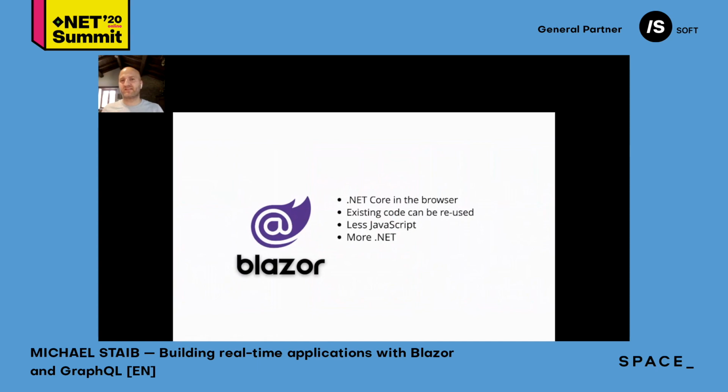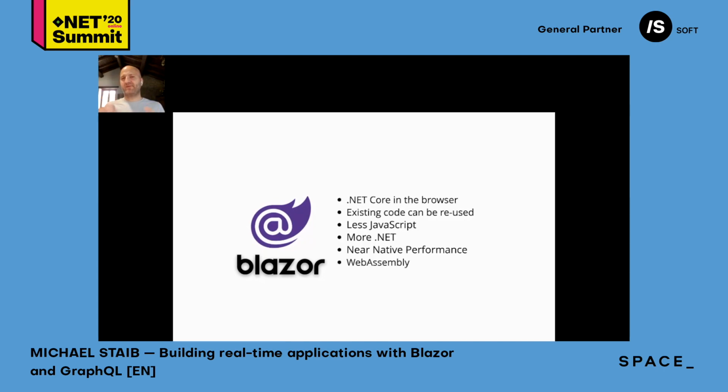What it also means is that we can use less JavaScript and almost write everything in pure .NET code. And I myself am quite rubbish at JavaScript, but I'm confident using .NET. All of this is running at near native performance, and it's running on top of WebAssembly.